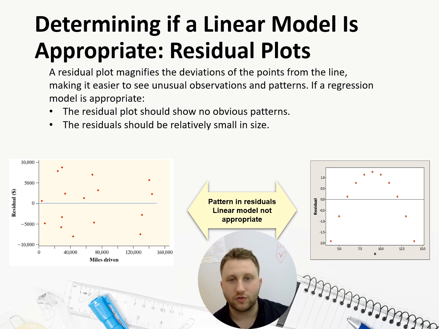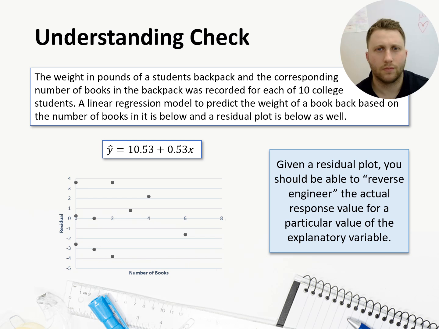So both of them are residual plots, but one of them represents an appropriate linear relationship, and the other does not. And of course, it's the one on the left which represents an appropriate linear relationship between two variables, and the one on the right that definitely doesn't. There's a very clear parabolic shape, meaning there was a curved pattern in the original scatter plot.